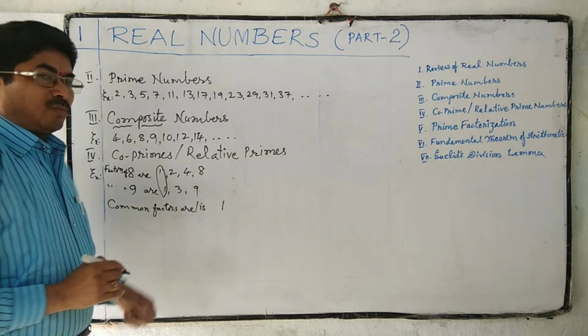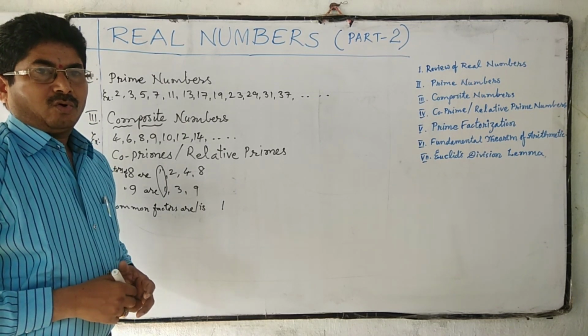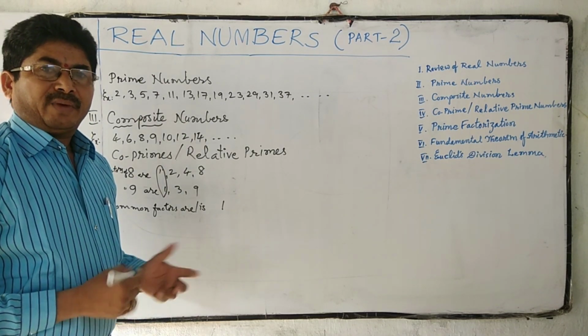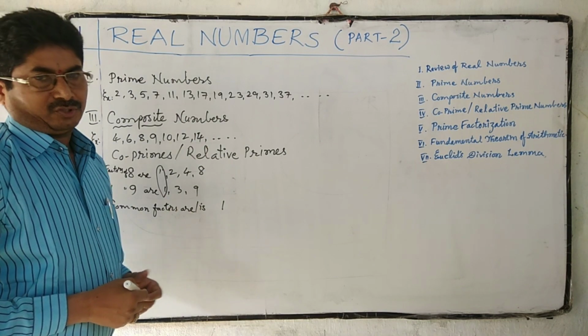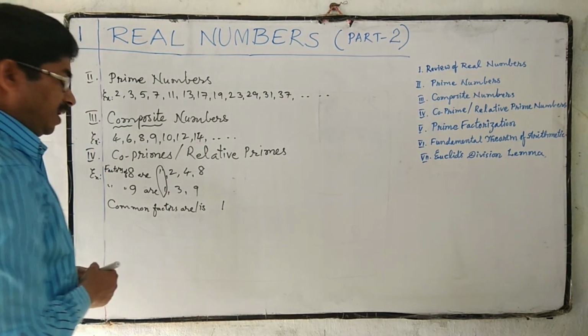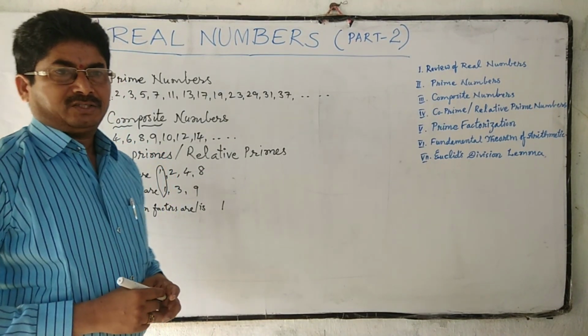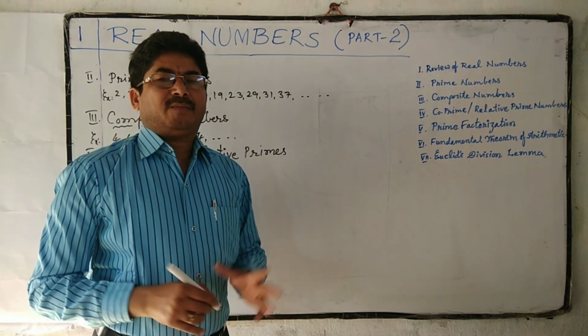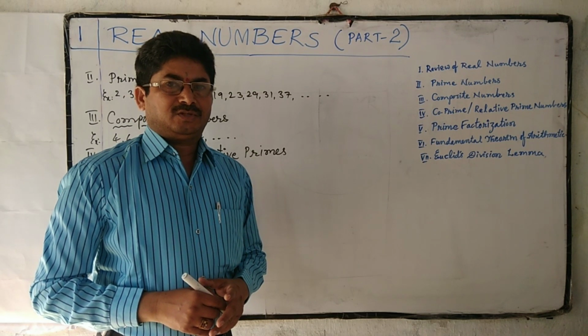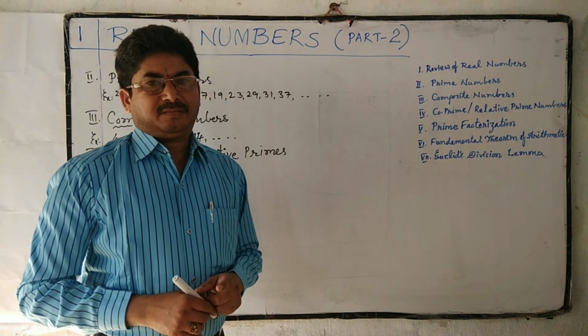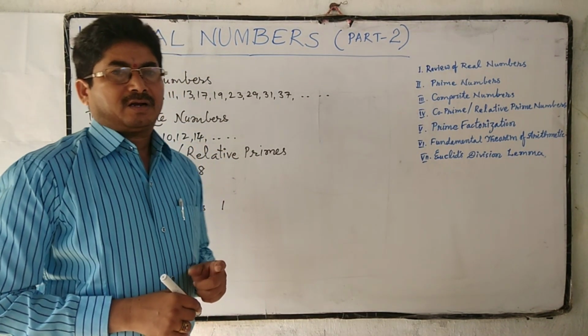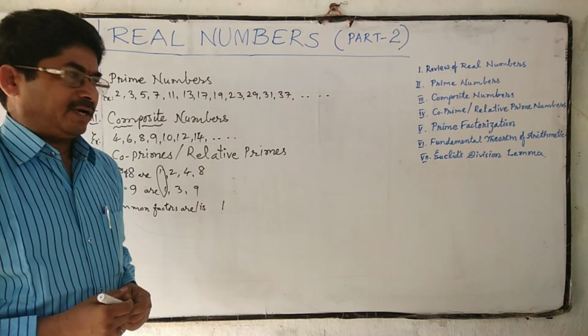So these are co-primes. Co-primes may or may not be primes, but they have only one common factor, that is 1.